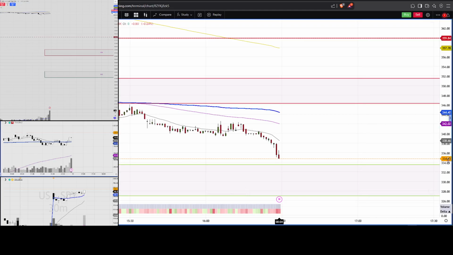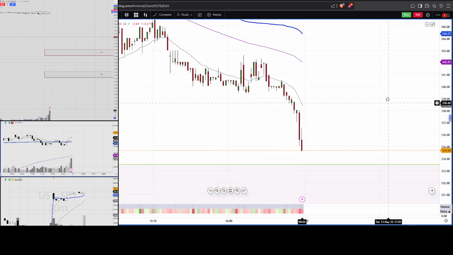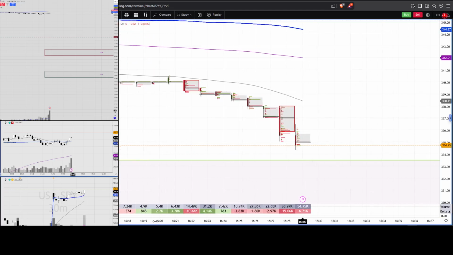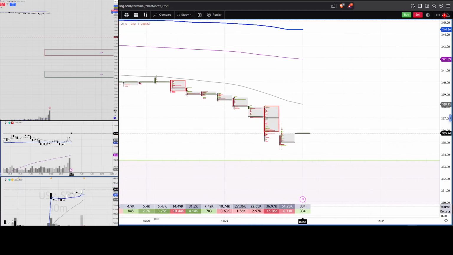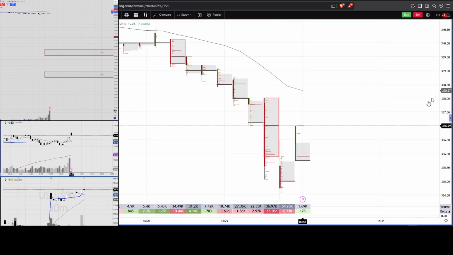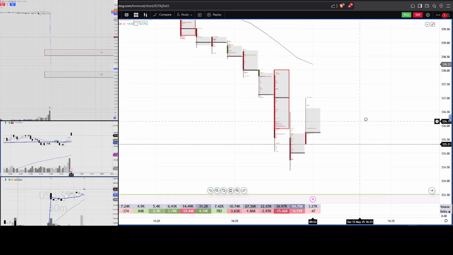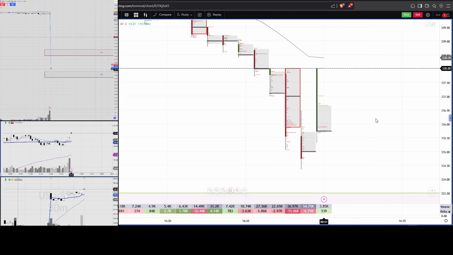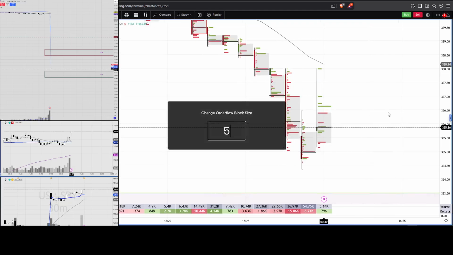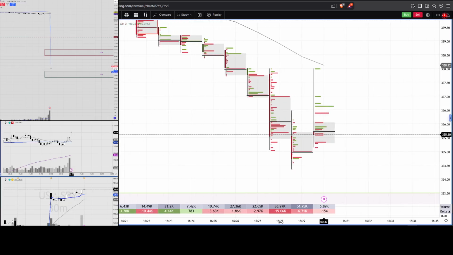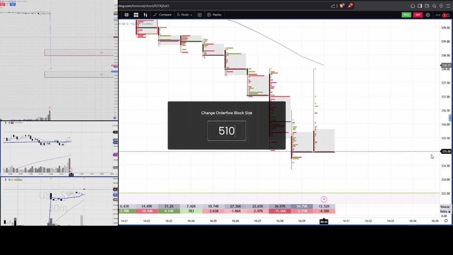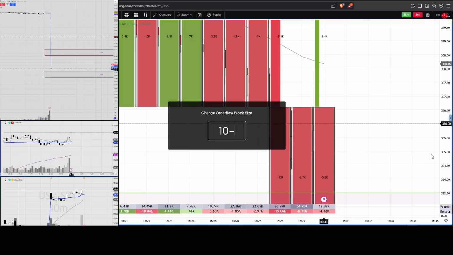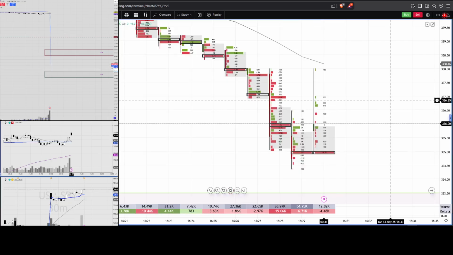Today, let's zoom into the graphs. Let's see the things that we want to see. Why is 5 useless? I'm supposed to make this 10. 10 I think is better.